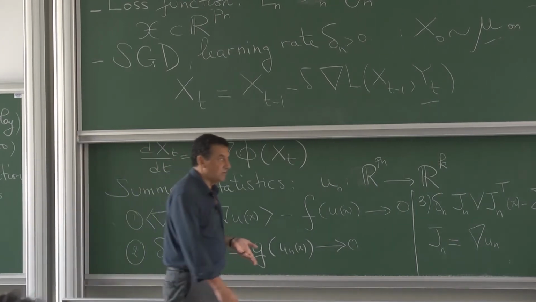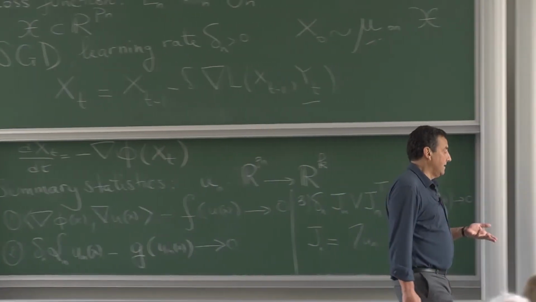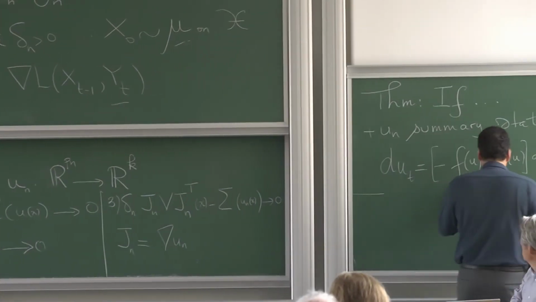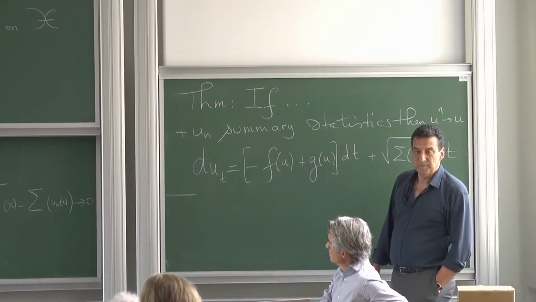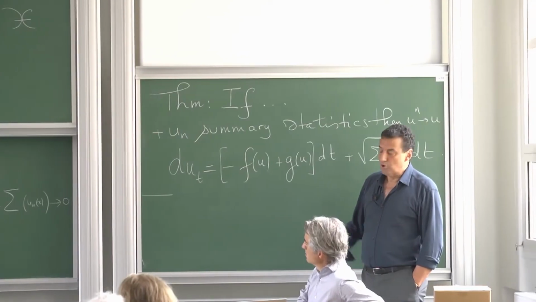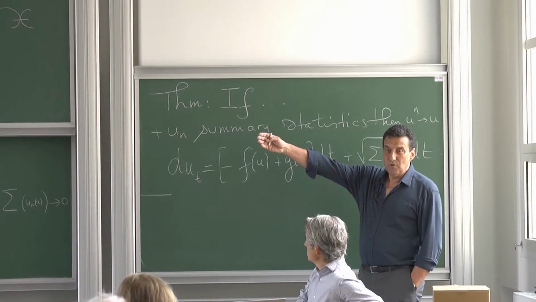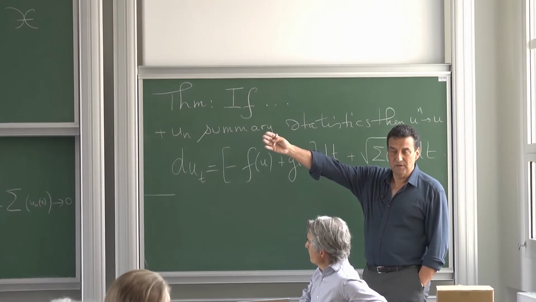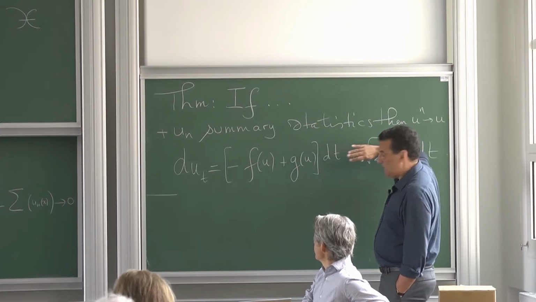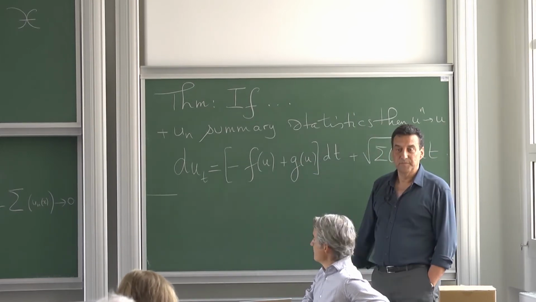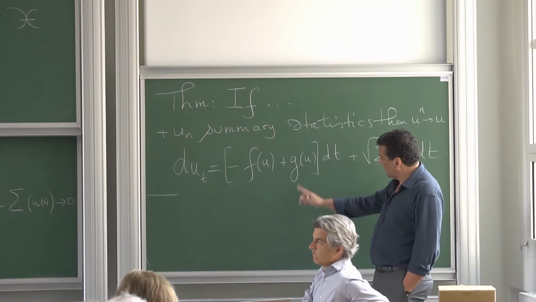So in finite dimension, F should be the gradient, G should be 0, and sigma should be 0.